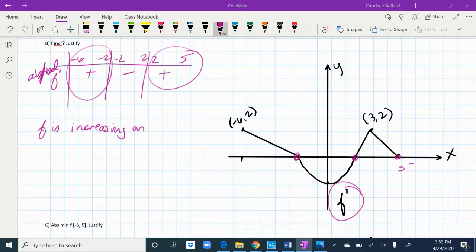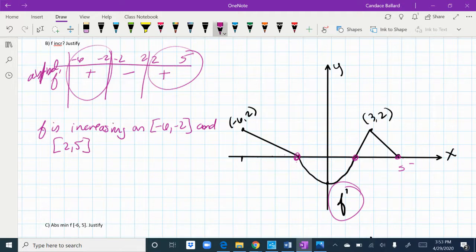So if it doesn't say open intervals, and this doesn't happen very often, it almost always says open intervals, you can go ahead and use those brackets. So I'm going to use them today. I know we don't normally, but I'm going to use them, okay? Typically, it's not this way though. -6 to -2, and from 2 to 5.